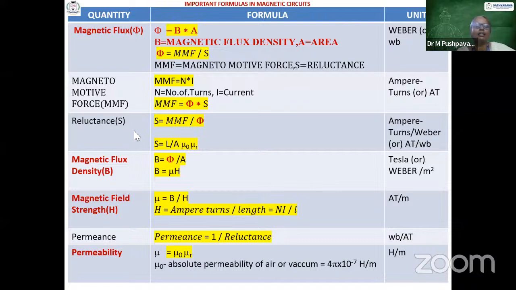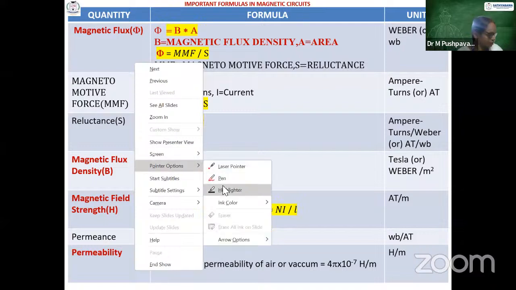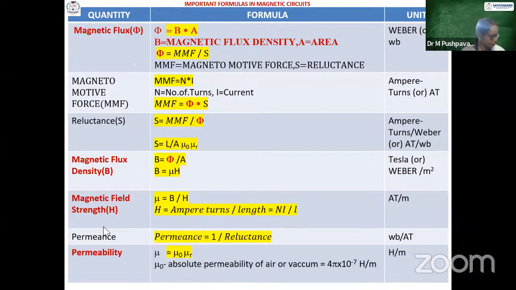So flux is nothing but flux density into the area, and another formula is flux equal to MMF by reluctance. We all know what is flux, the total number of magnetic lines. So we can find the flux value in two ways, and the unit is Weber.